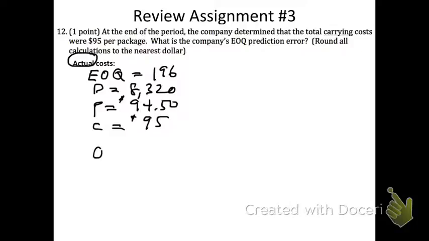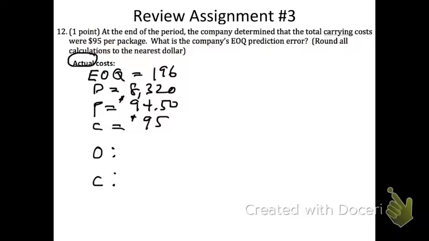So we determine our ordering costs and our carrying costs based on these parameters, the things that actually happened. We actually used an economic order quantity of 196, and we actually had all of these other parameters: demand, ordering, and carrying cost.